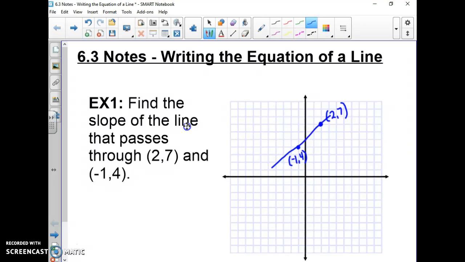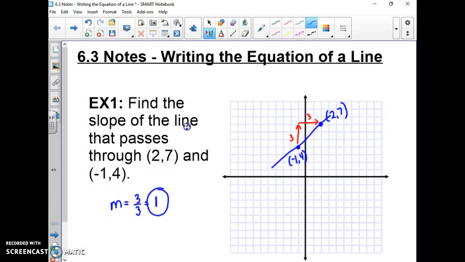If we counted it, we would have to go up 3, and we would have to go to the right 3. A lot of times we use the letter m for slope, such as in y = mx + b. Our slope would be 3 over 3, but we would like to reduce that. It's just going to be 1. So 1 would be the slope of this line.